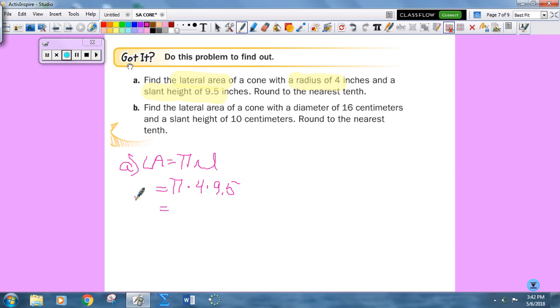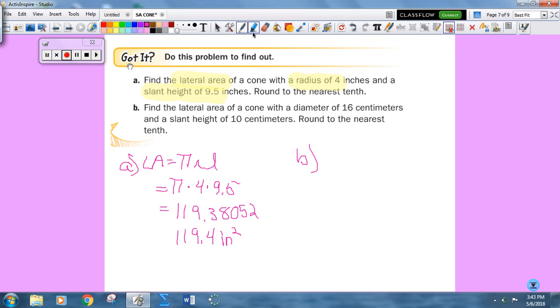I do that on my calculator, and I get 119.38052. Rounded to the nearest tenth is 119.4 inches squared. So check your answer, pause, do B, and come back.